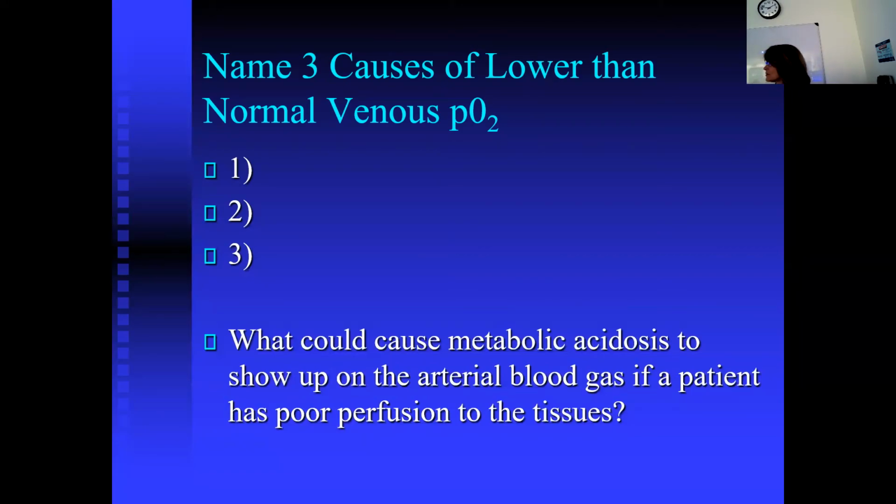What else? Yes. So when there isn't enough oxygen in the tissues, anaerobic metabolism occurs and lactic acid is formed. So low oxygen to the tissues, lactic acid forms, and that gives you metabolic acidosis.